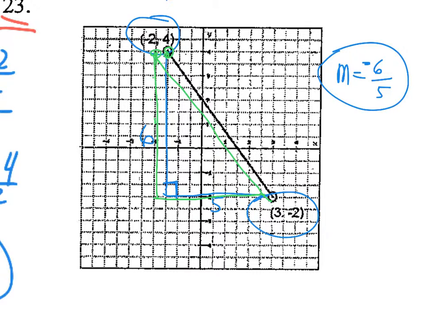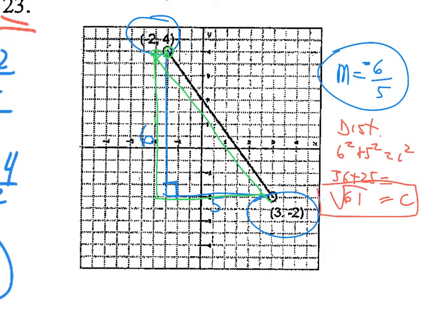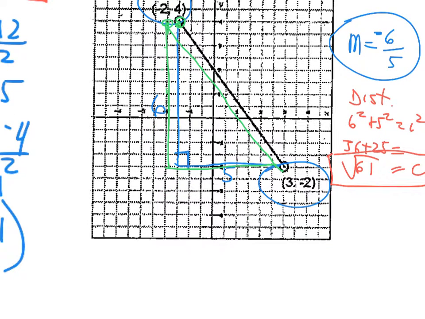Finding the distance, you will do the Pythagorean theorem with 6 and 5. So 6 squared plus 5 squared is c squared. We'll have 36 plus 25, which is going to equal 61. So square rooting that, we get our distance: the square root of 61. And for the midpoint, I can average the x values.